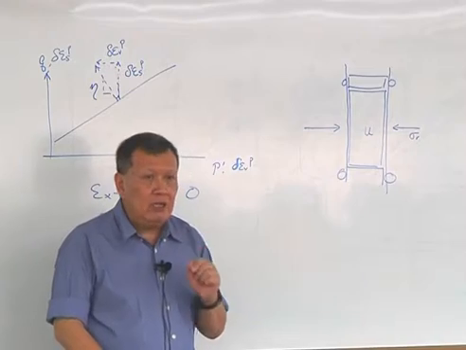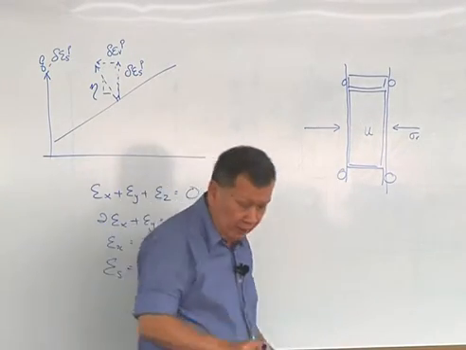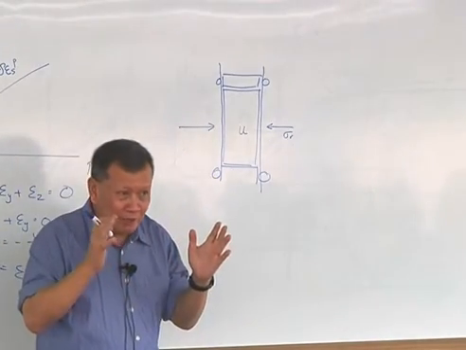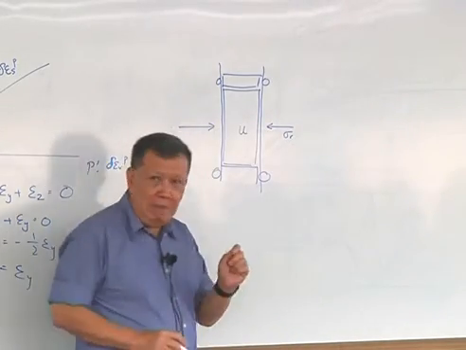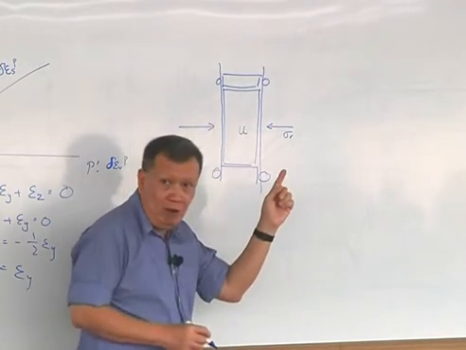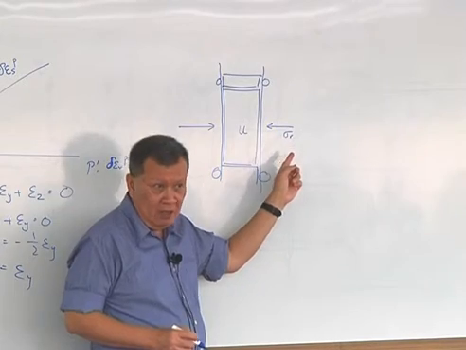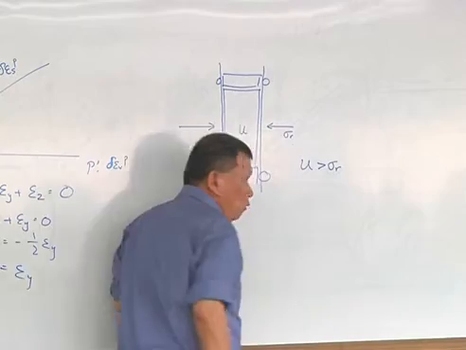Now look at the equilibrium of this rubber membrane. It's very interesting because obviously you do not glue the rubber membrane onto the sample. So supposing your pore water pressure at any point of time exceeds the cell pressure. If U is greater than sigma R, what would happen to the whole thing?